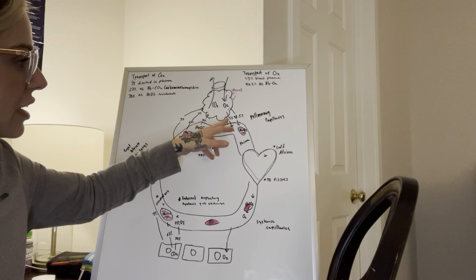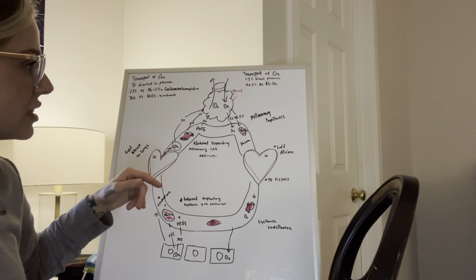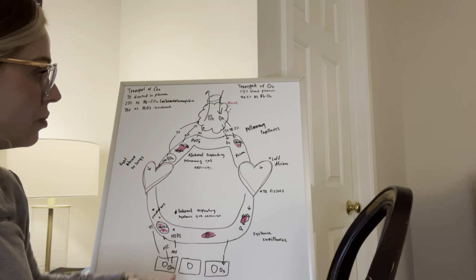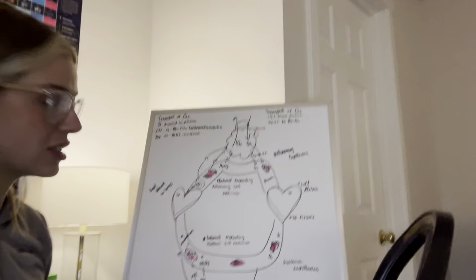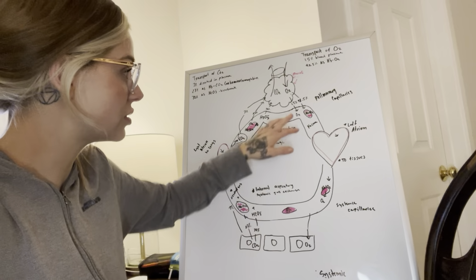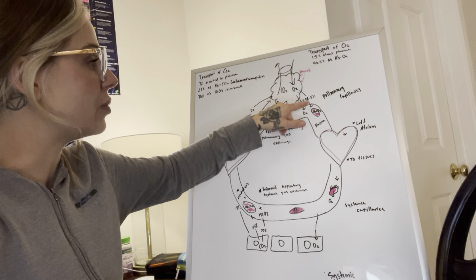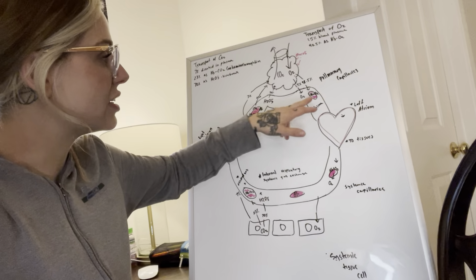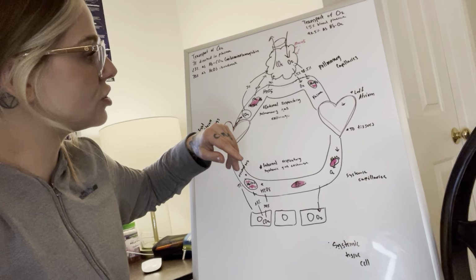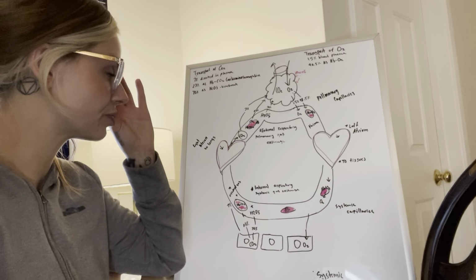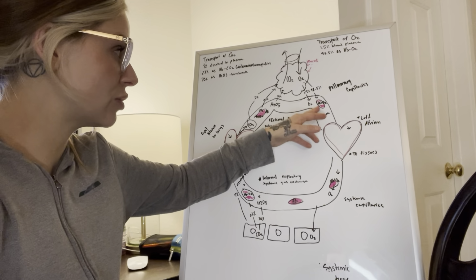So O2 is coming in. 1.5% is going to dissolve in blood plasma and be transported as dissolved gas through the blood. 98.5% is going to bind with hemoglobin to become oxyhemoglobin.